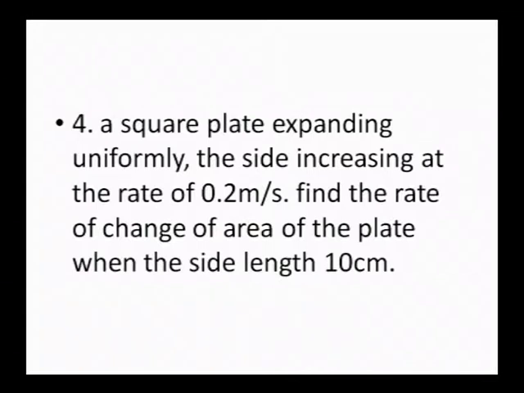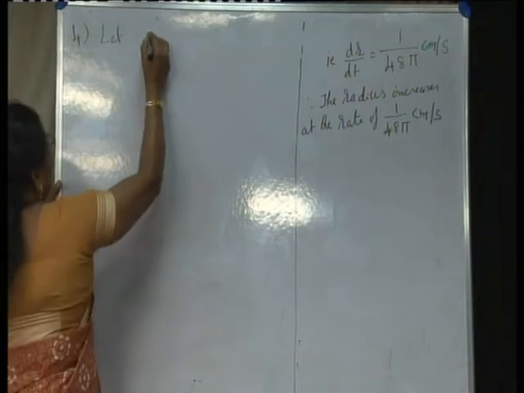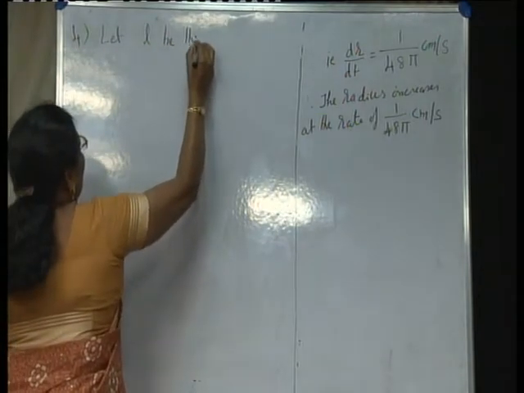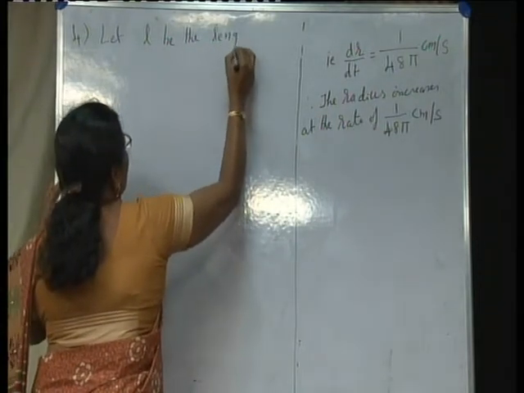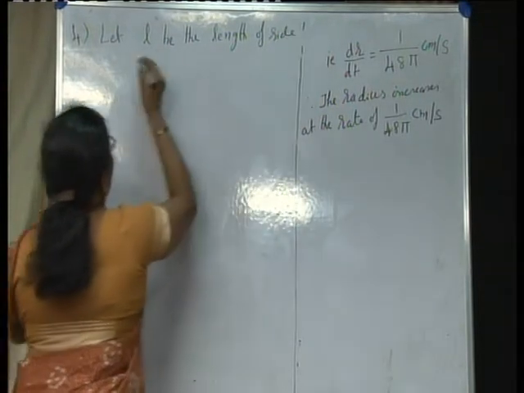You had in the previous class how to find the area of the square. I think you might have used L squared or x squared. Area of the square. Fourth one, solution. Let L be the length of the side of the square.